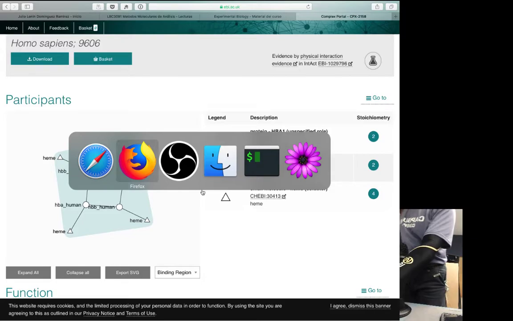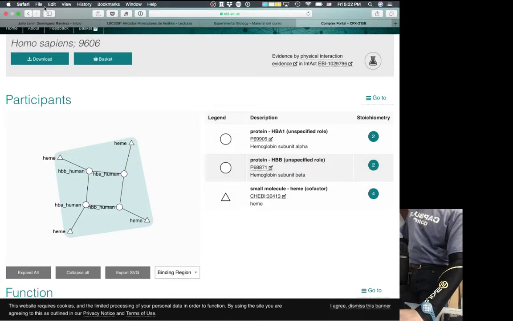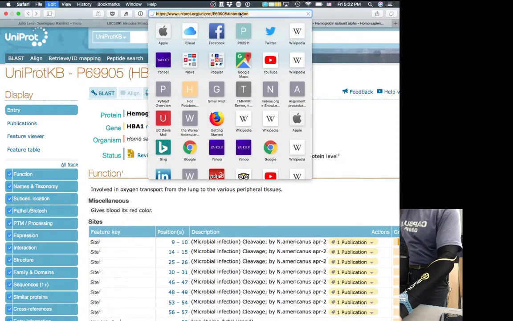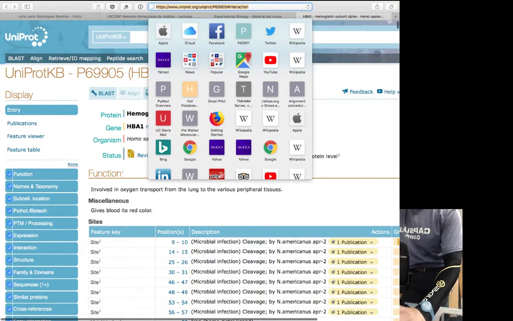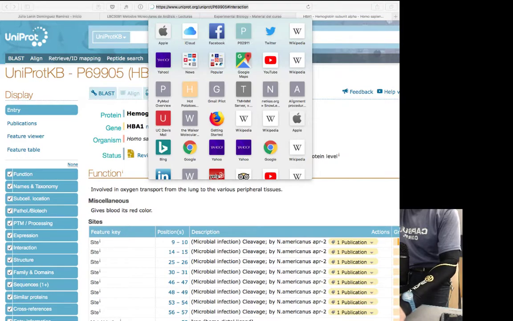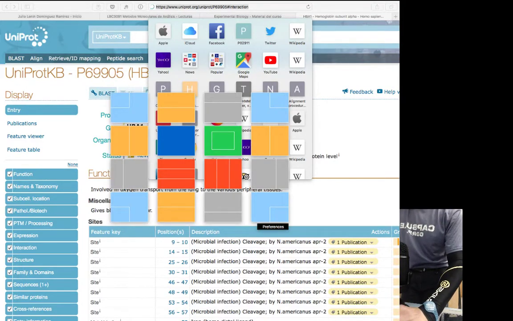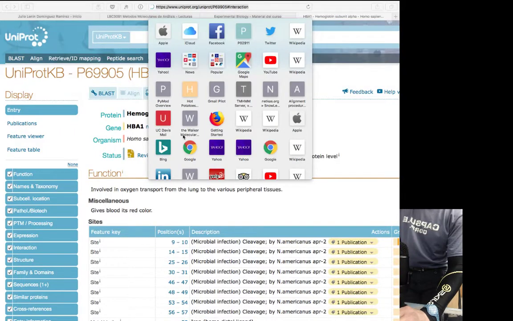Let me try to copy the UniProt into Firefox. Come on, collaborate.